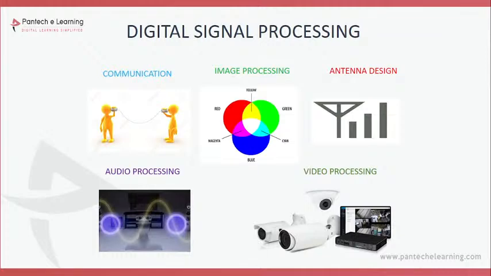Here is one important point: any unwanted signal interfering with the main signal is termed noise, right? So any unwanted signal interfering with our main signal is called noise. This noise is also one of the signals, but it is an unwanted signal.